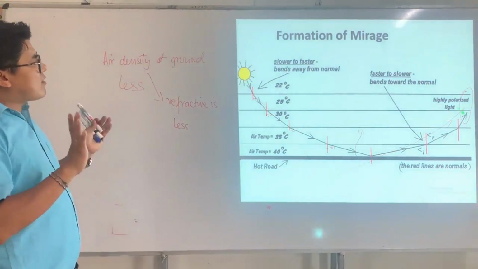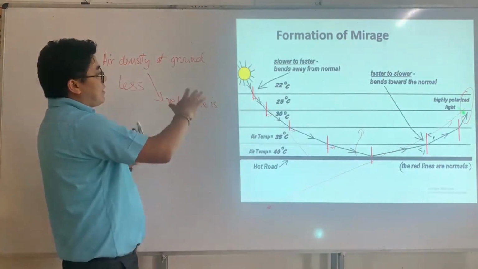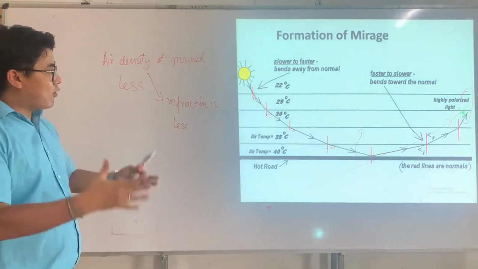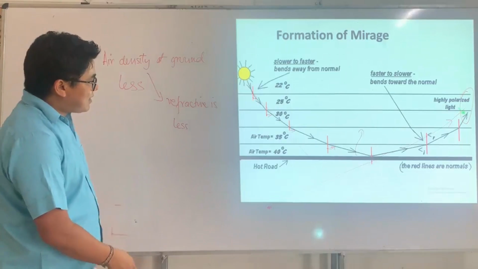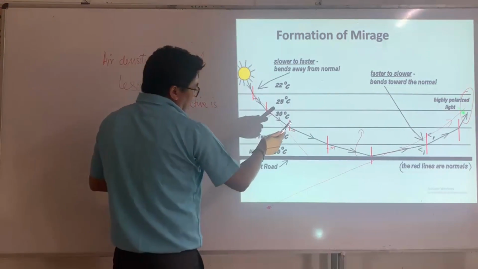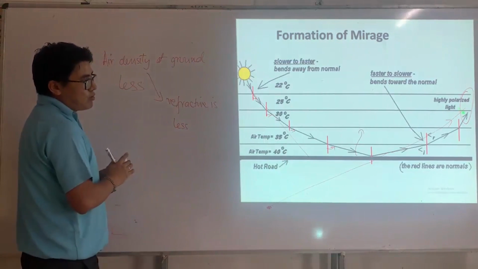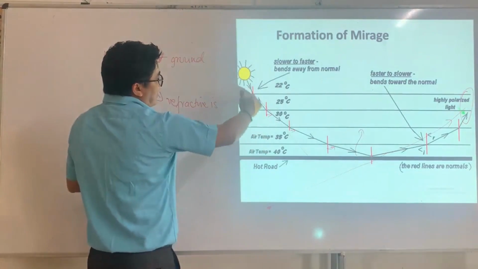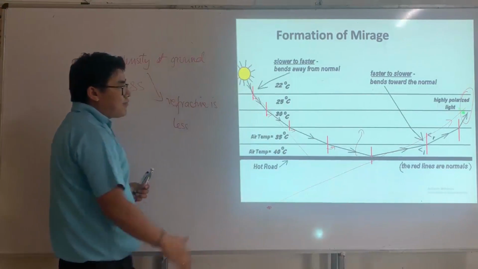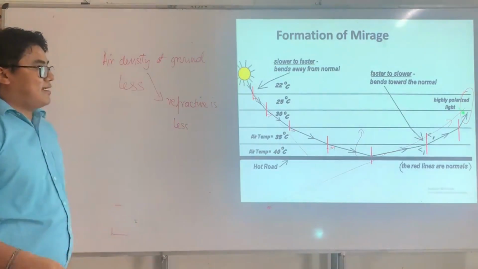One very important thing you should keep in mind in case of mirage is that it should be during very hot summer times, because of which air density varies. Air density remains thinnest just above the ground, and as light goes from higher to lower, refractive index keeps on changing, so it keeps on bending.